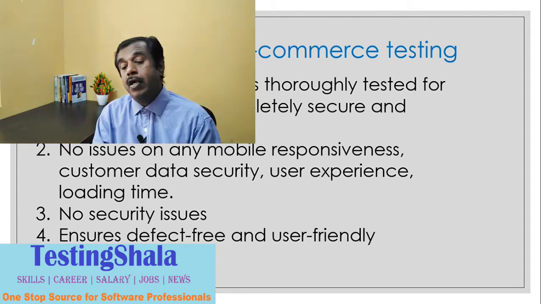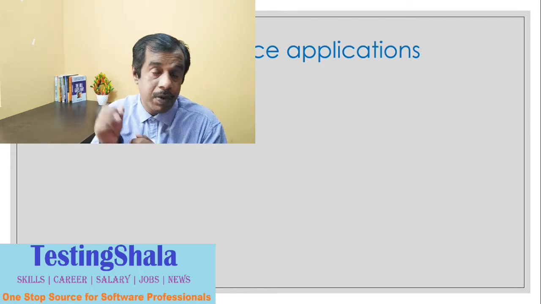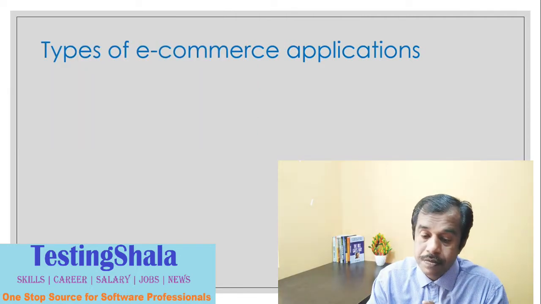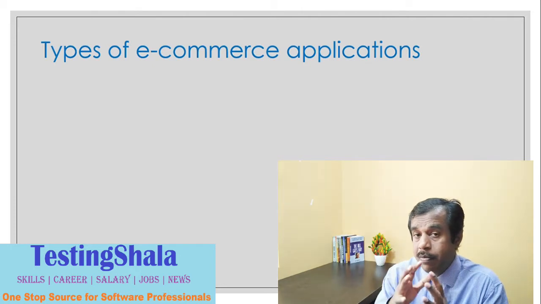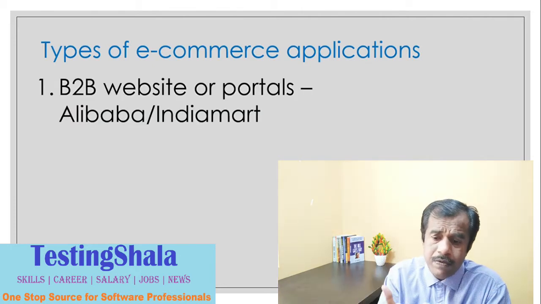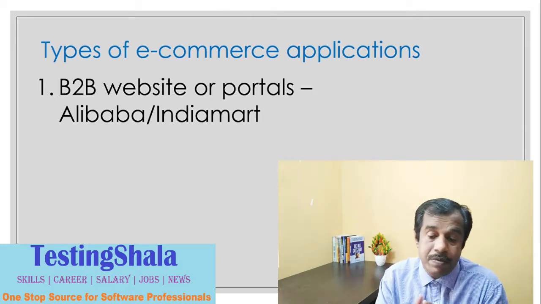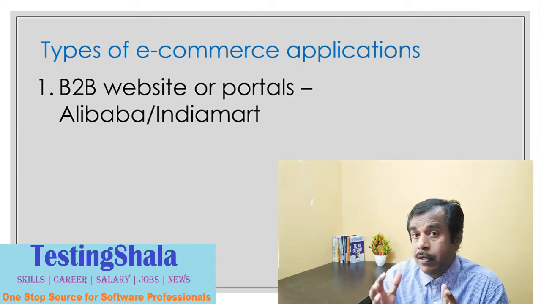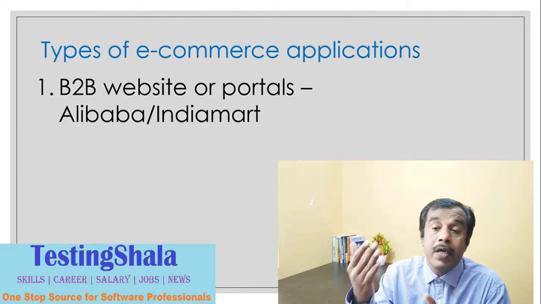Now let us understand what the different types of e-commerce applications available in the world are. I'm just giving a background. What are the different kinds of e-commerce applications available in the world? One is B2B websites or portals. B2B websites are nothing but your Alibaba or your IndiaMART.